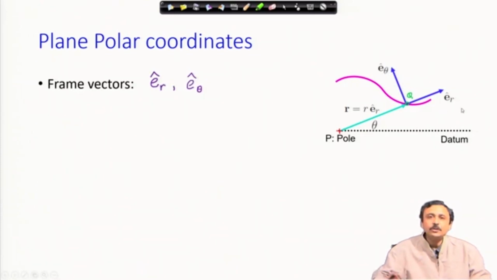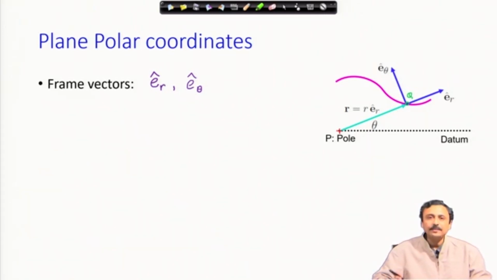This Er is a unit vector along this radial direction from the pole to the particle, and Er, you notice, is directed towards increasing r, increasing radial distance from the pole. So, Er is in the direction of increasing r.